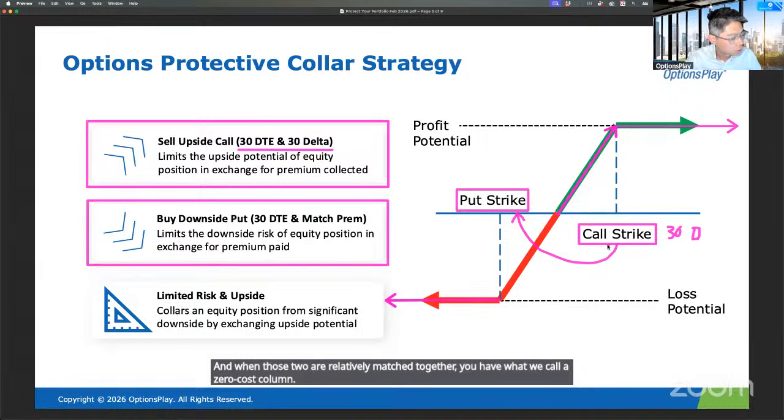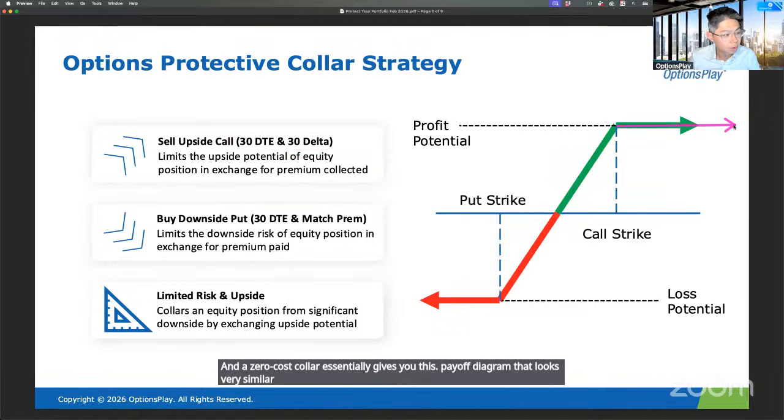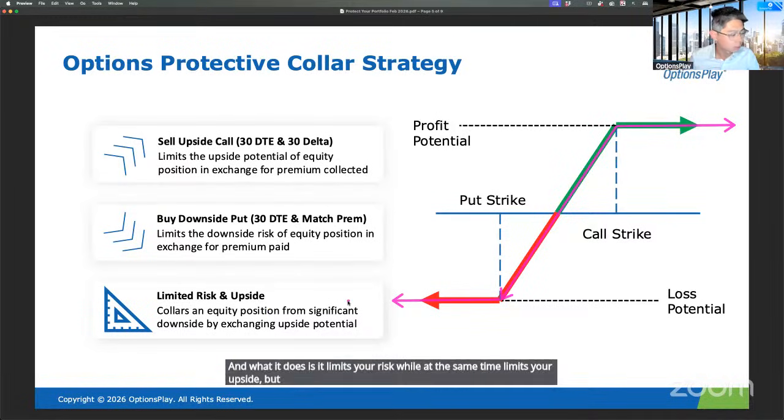And a zero cost collar essentially gives you a payoff diagram that looks very similar to a vertical spread, because it actually is synthetically the same as a vertical spread. It limits your risk while at the same time limiting your upside, but it gives you that downside protection without any cost to you.